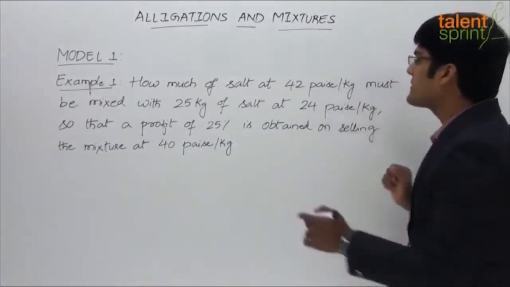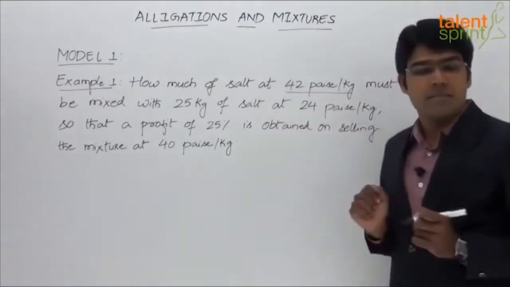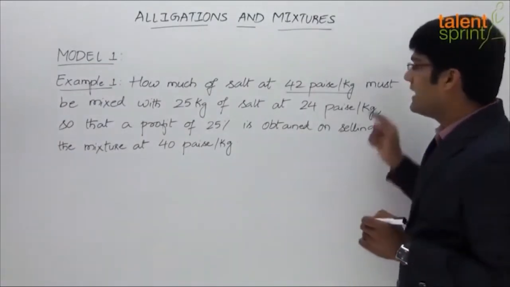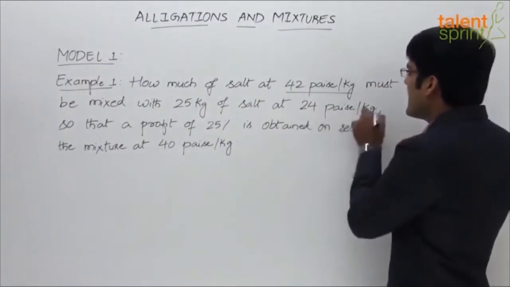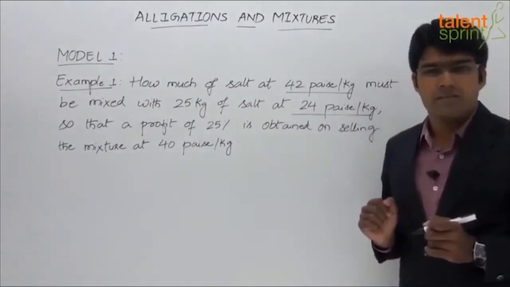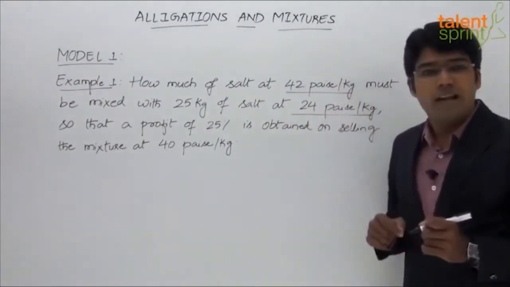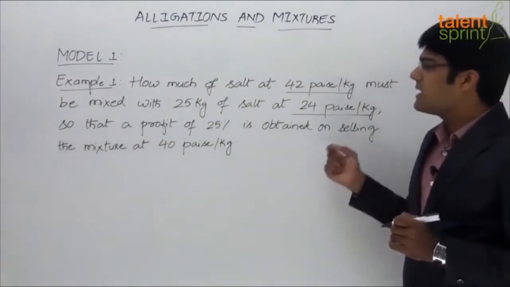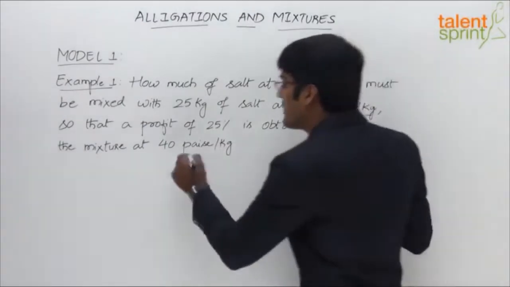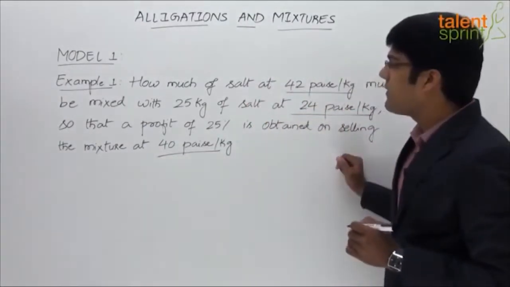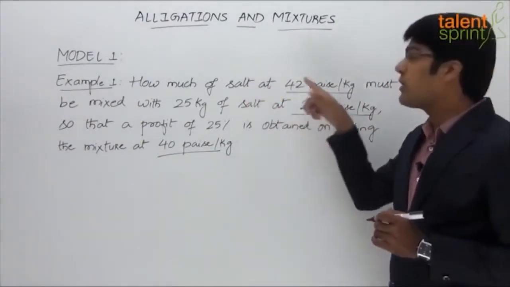Now the first quality of salt here is at 42 paisa per kg, and it is mixed with 25 kg of another variety of salt which is at 24 paisa per kg. And on mixing these two varieties of salt, we can get a profit of 25% by selling the mixture at 40 paisa per kg. So we need to find out how much of salt at 42 paisa per kg.